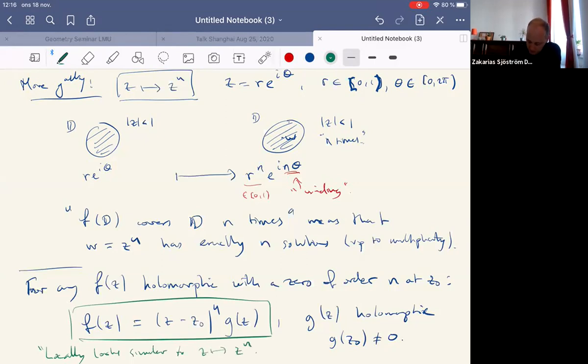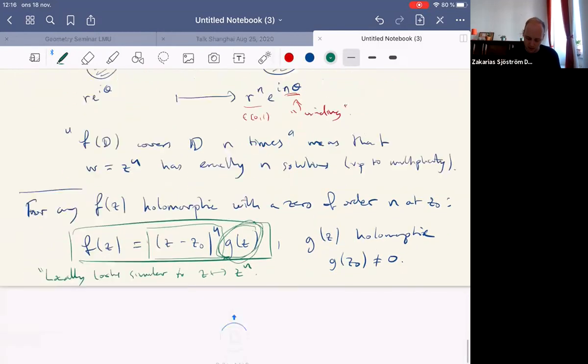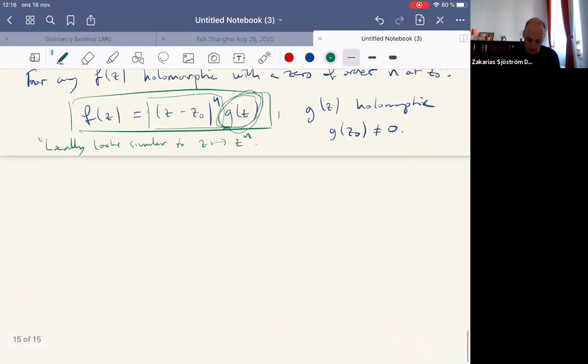Thinking that g is holomorphic, it will stay bounded close to z0, whereas this part, (z minus z0)^n, will be the dominating behavior here in a suitable sense. All of this will be made precise.